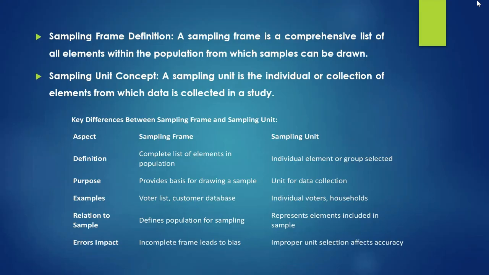Examples of sampling frames are a list of all registered voters in a district for conducting an election survey, a database of customer email addresses for sending a product feedback questionnaire, and a list of students enrolled in a university for selecting participants in a research project.